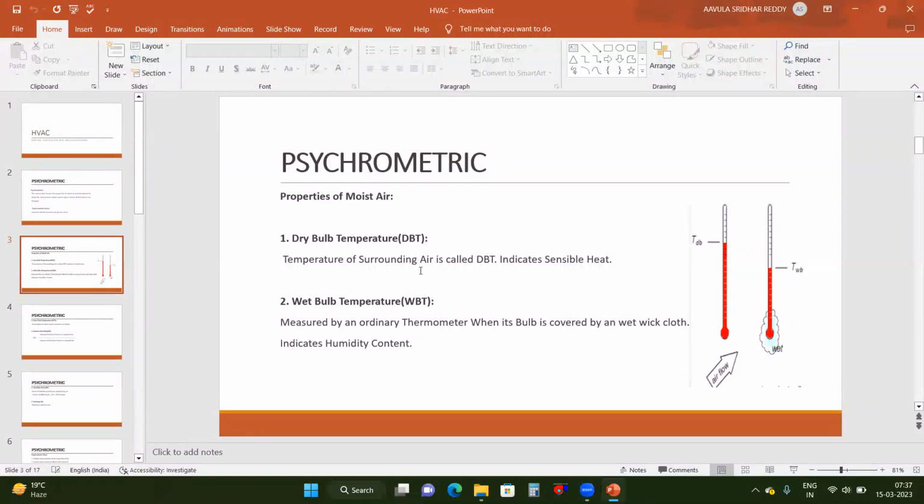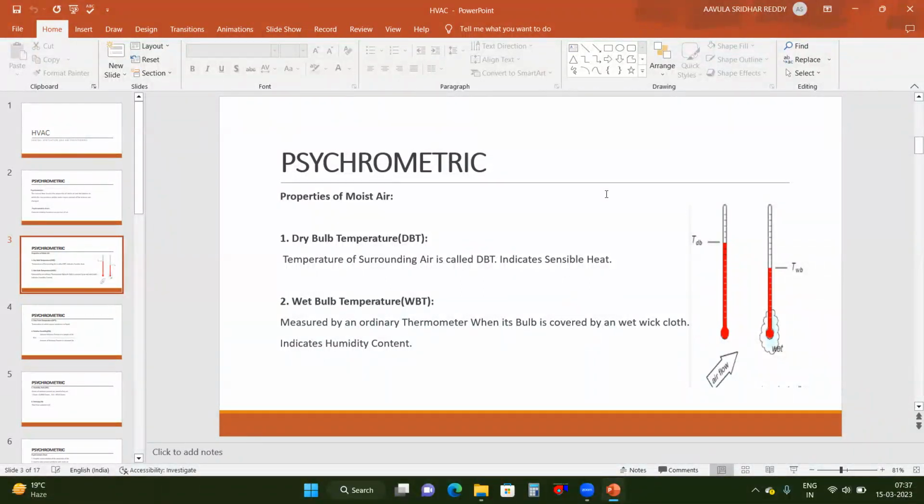Also, on the right side, in the second image, we can see TDB, which is nothing but the temperature of dry bulb. It is measured with a thermometer. Next is wet bulb temperature, measured by an ordinary thermometer when its bulb is covered by a wet cloth. It indicates humidity content.